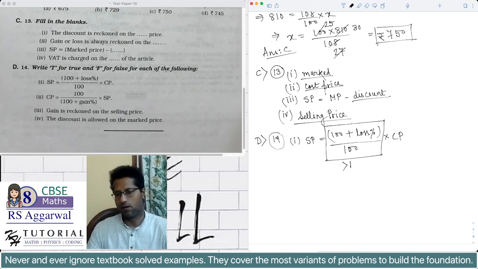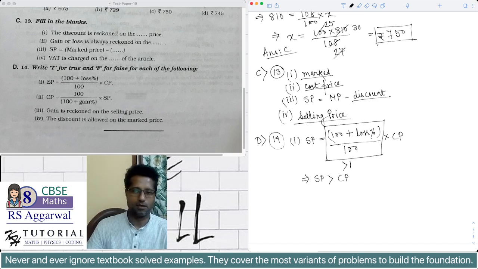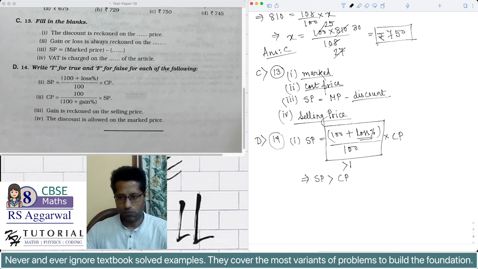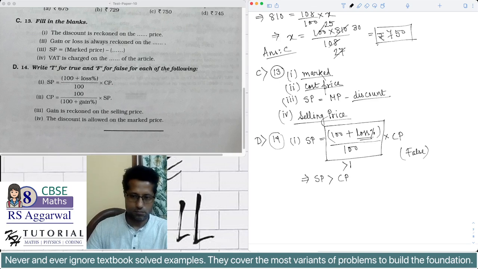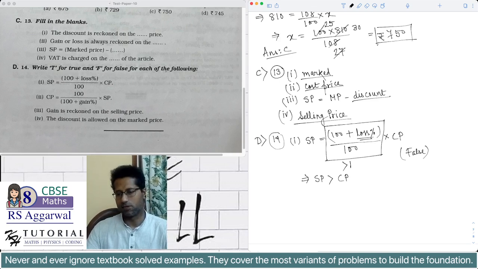When the selling price becomes greater than the cost price, there is a gain. But in the formula, it is given as a loss percent. So this formula is false, because on the right hand side it is using loss percent.